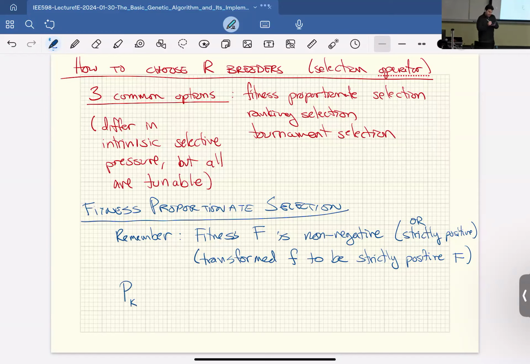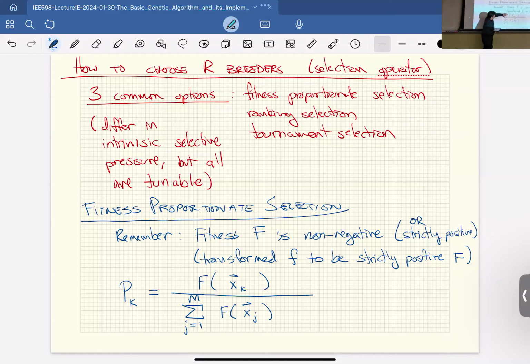Once you do that, we can define a probability P_K of the fitness value for genotype K, for individual K, that is proportionate to its fitness relative to the sum of all the other fitnesses. Individual K's fitness is here, the sum of all the fitnesses is here.